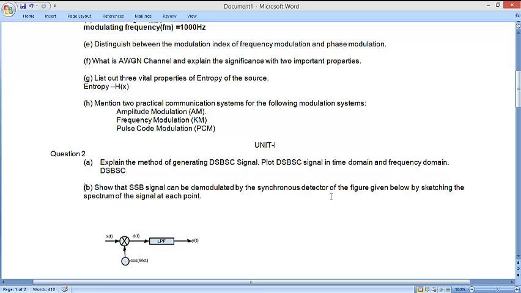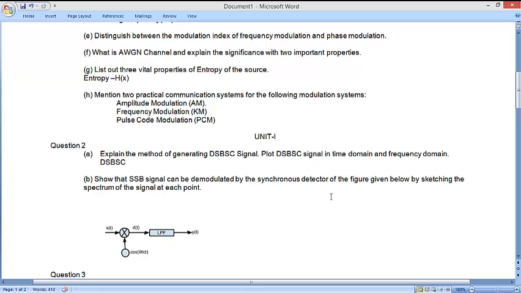Next part: show that the SSB signal can be demodulated by the synchronous detector of the figure given below by sketching the spectrum of the signal at each point. In this case, as you can see, we are already provided the diagram.